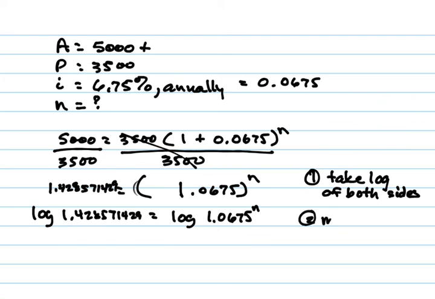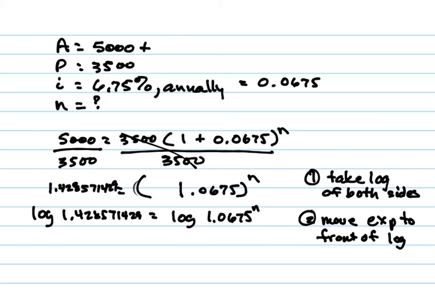Second, move the exponent to the front of the log. Now, you don't need to know why. This is just a special thing that happens. It's one of those rules. It's just like being able to add exponents when you're multiplying.